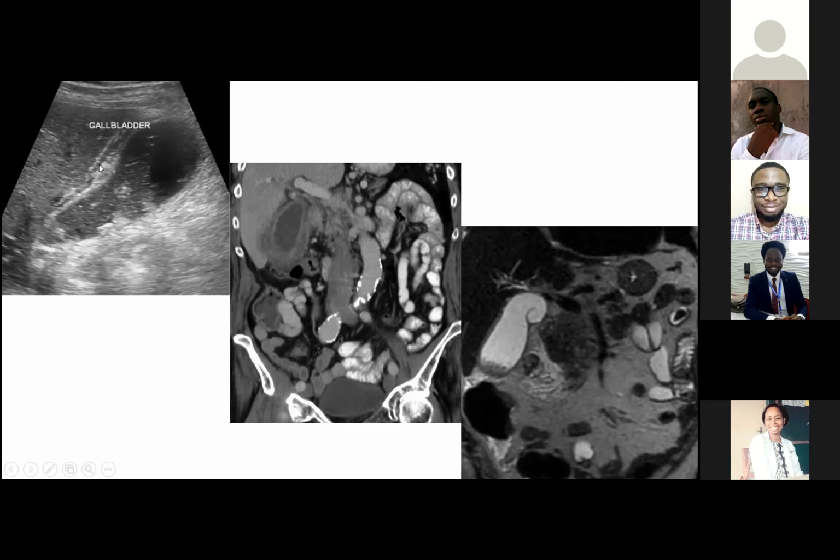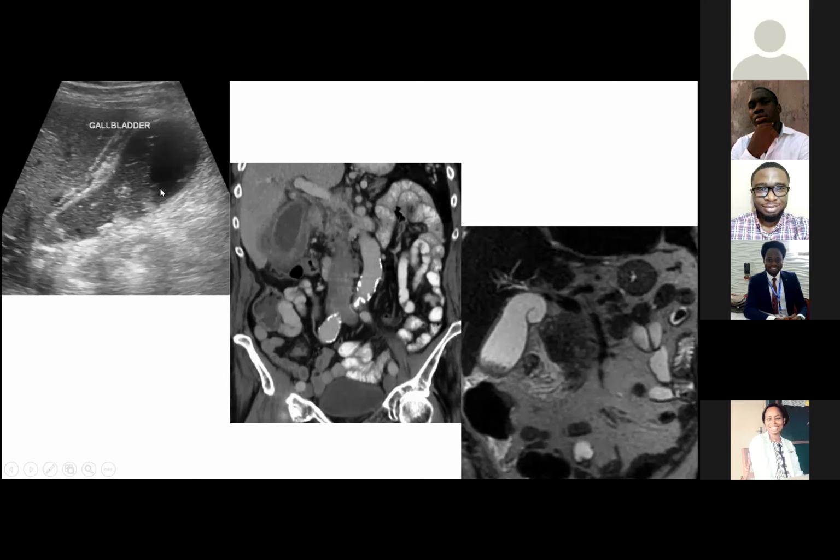The gallbladder wall is quite thickened; normally you're allowed up to about 3 millimeters, and this is more than 3 millimeters. There is also some fluid around the gallbladder. So this patient has calculus cholecystitis, and in the correct clinical scenario, that would be diagnostic of cholecystitis.